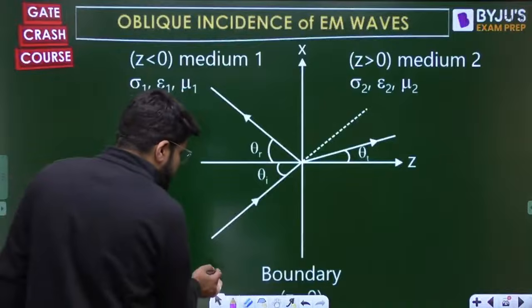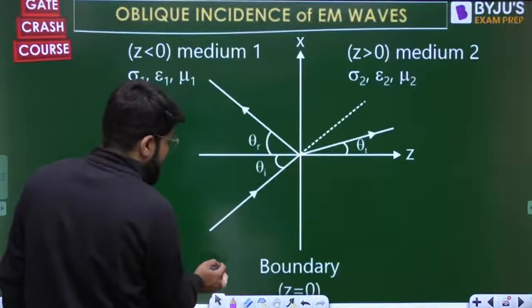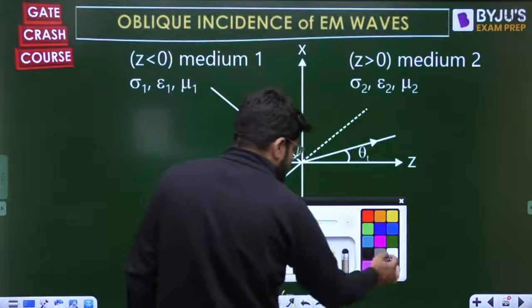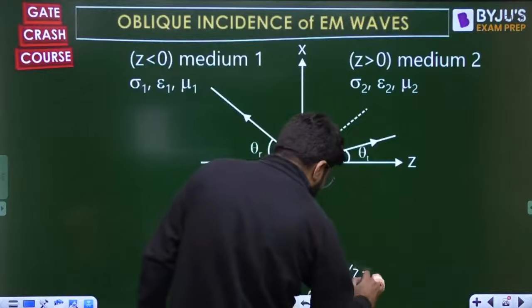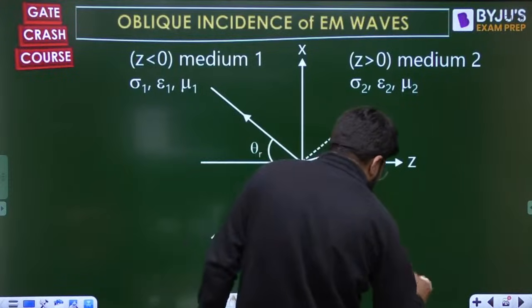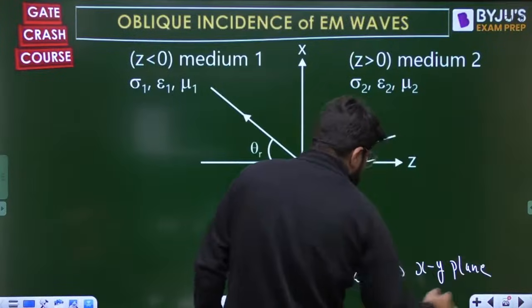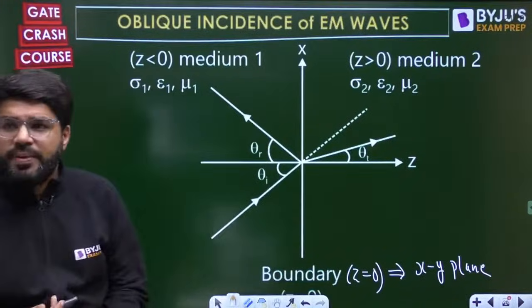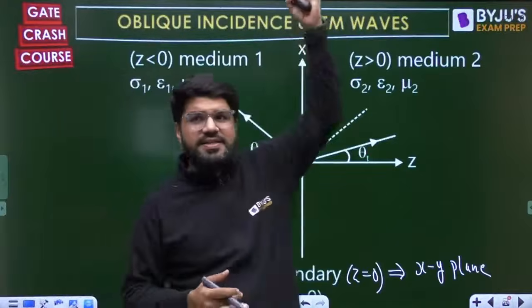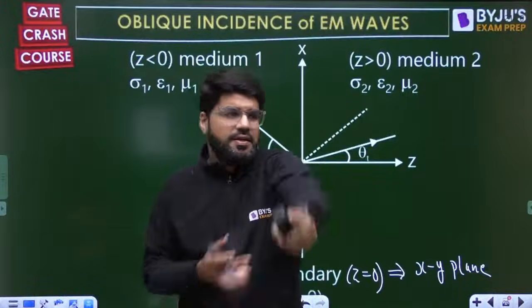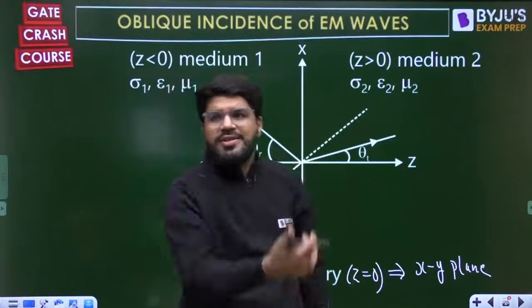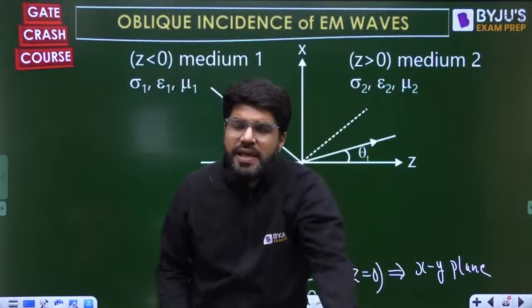This is the boundary, which I have again assumed to be Z equal to 0, and Z equal to 0, as I told you, is known as the XY plane. So if this is the X axis, let's say this is the Y axis. Anyway, Z cross X is Y outwards of the screen. This is the XY plane.